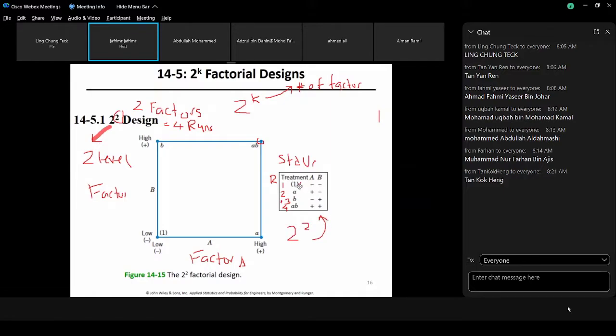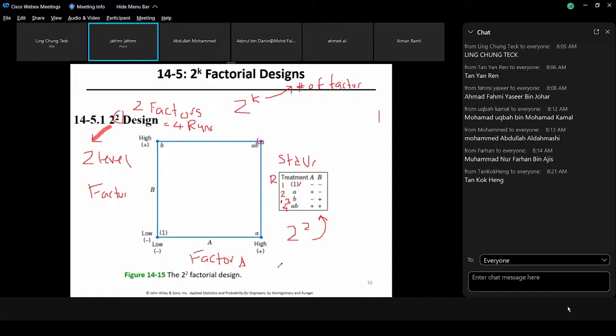That means 1 means factor A and B at low level. If you put A, that means A at high level, B at low level. B means A low level, B high level, and A and B high here. So I hope you understand how the arrangement of the matrix is for factor A and factor B, 2 levels.